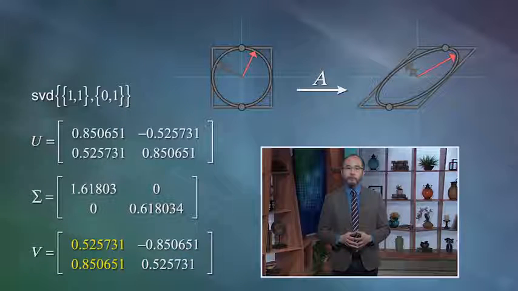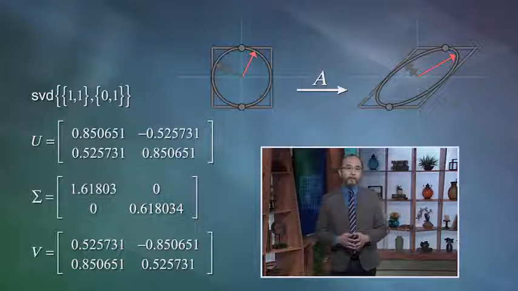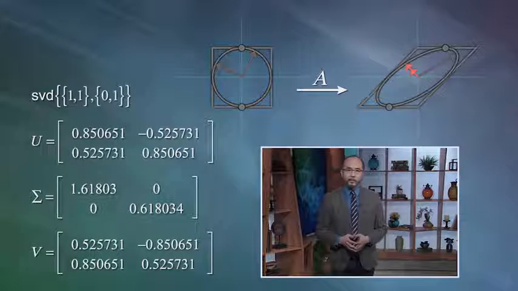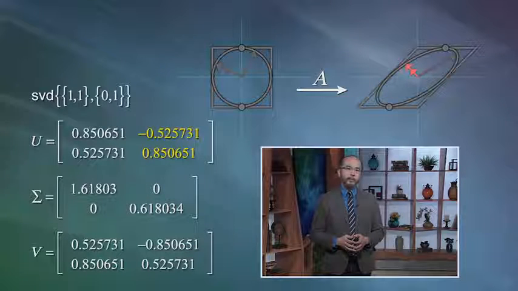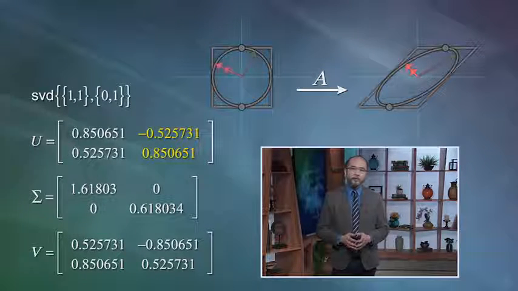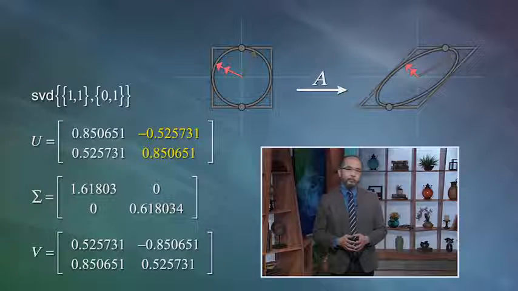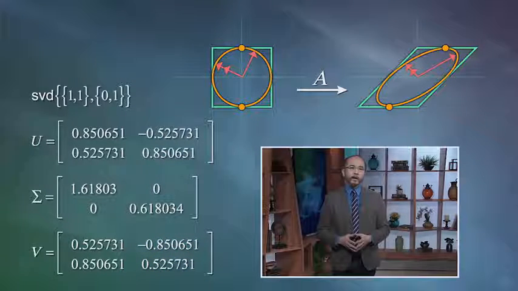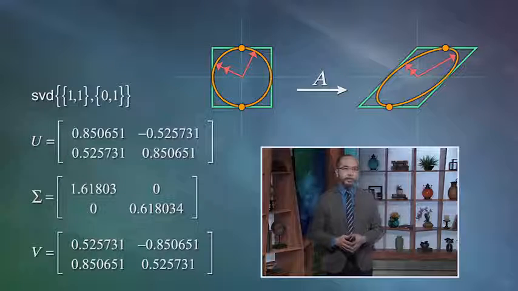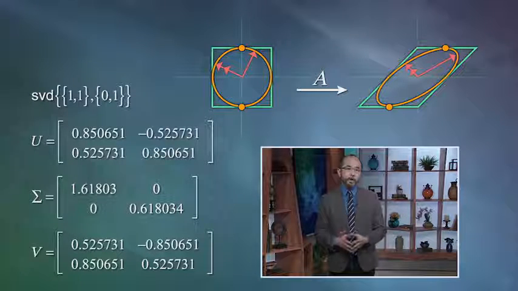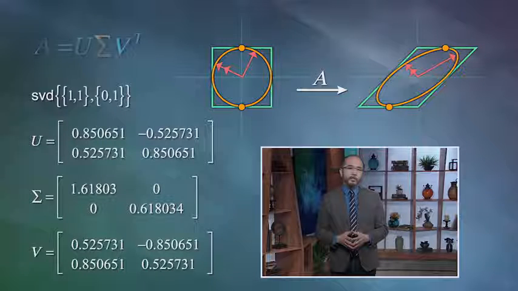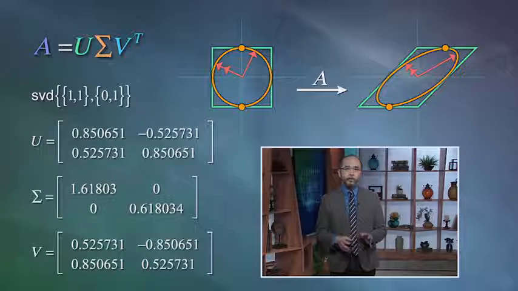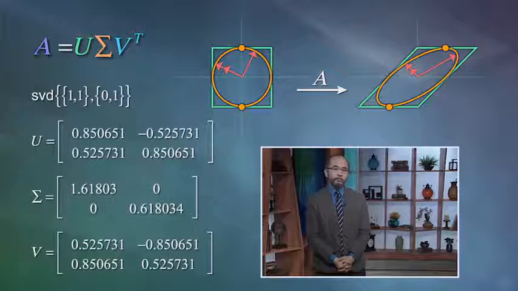This is the first column of V. Similarly, the semi-minor axis points in the direction -0.618, 1, normalized, so this forms the second column of U. It is the image of a red vector with double arrowhead in the left picture, and that vector is the second column of V. You can check if you want that U and V really are orthogonal in this example, and these matrices actually do multiply to give the matrix A. Just remember to transpose the V before you multiply them together, because A is supposed to equal U sigma V transpose.